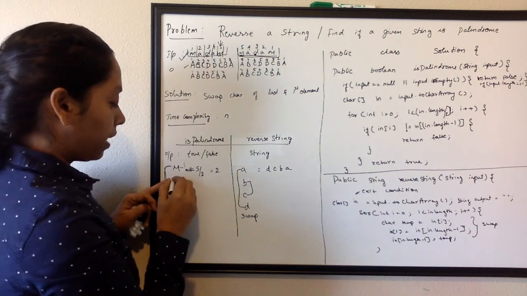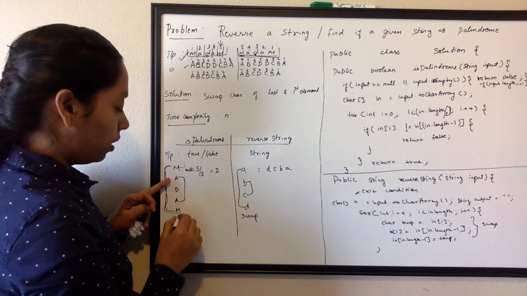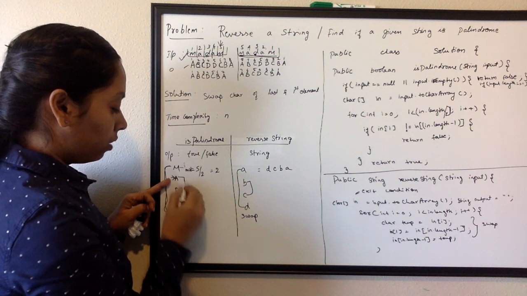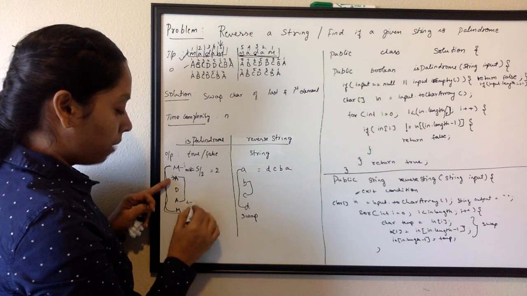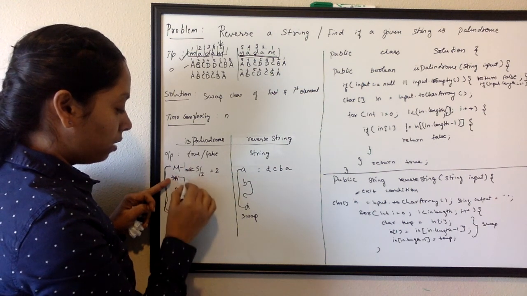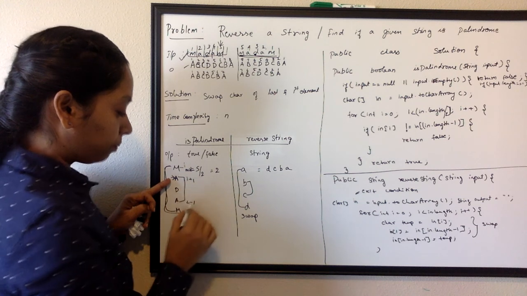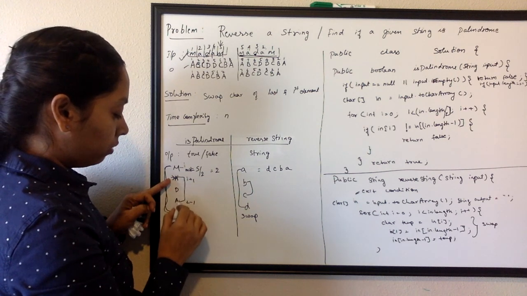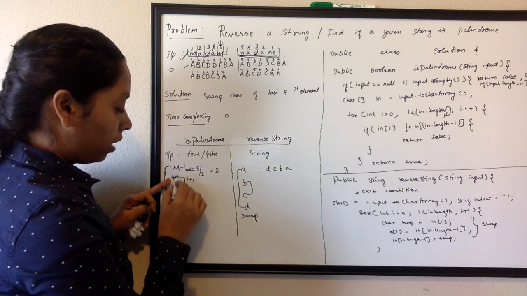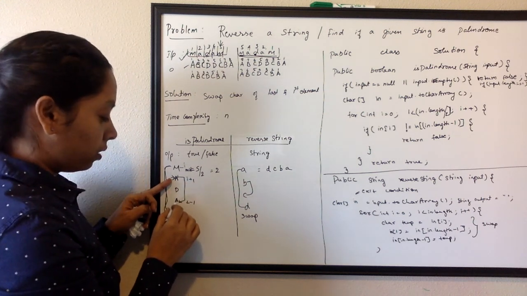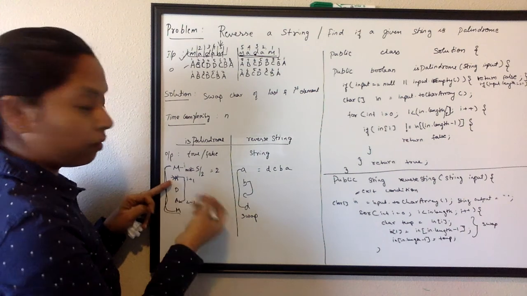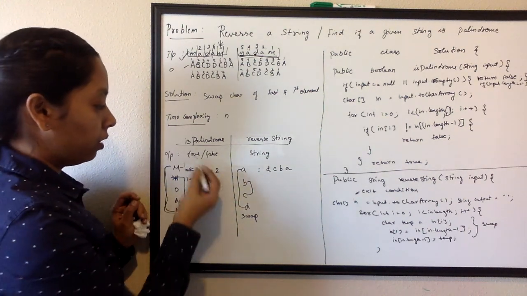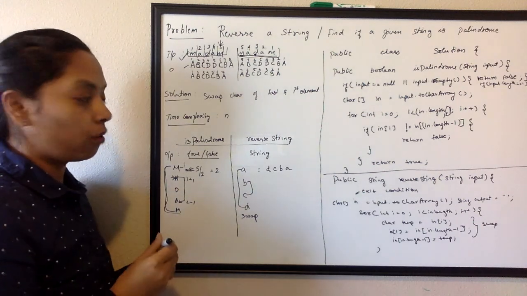If they are the same, then go to the second element, which is A, and the length L minus 1, right? This is i here, and this is i plus 1. So you check this element and the last but one element. If the characters are not the same, right away you say this is not a palindrome. So this is the solution, and the output would be written as true or false.